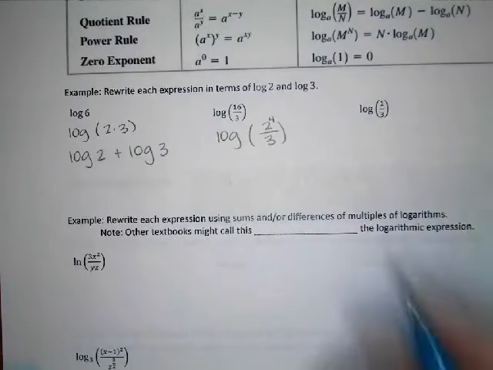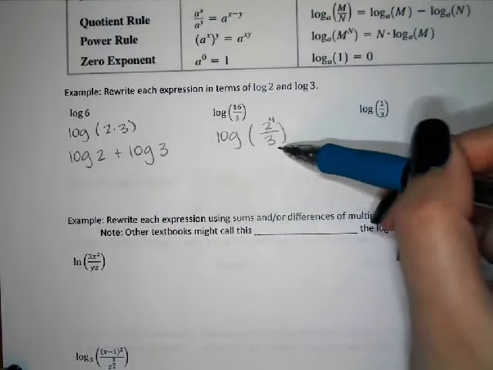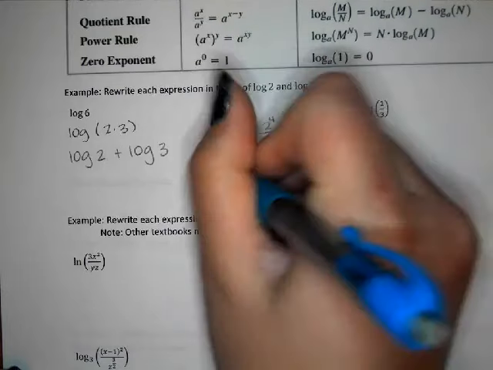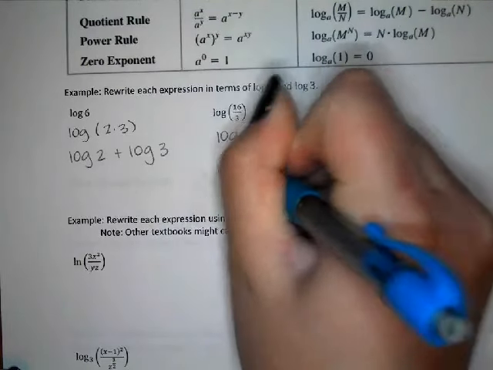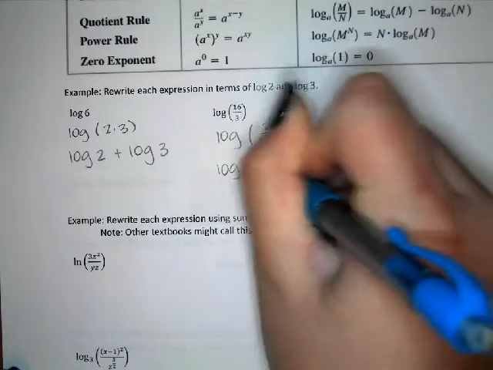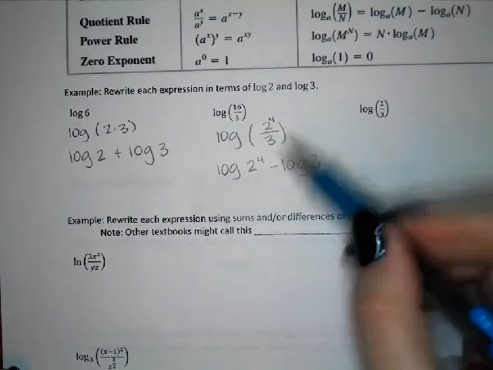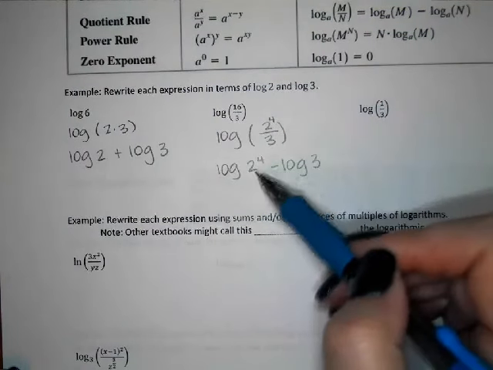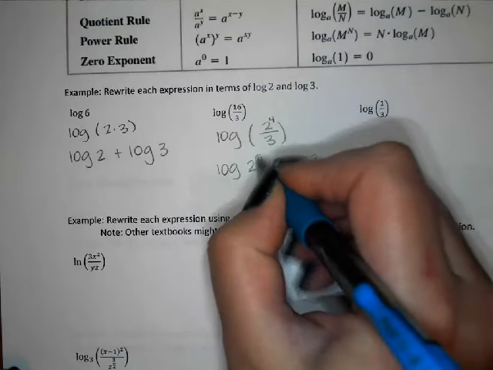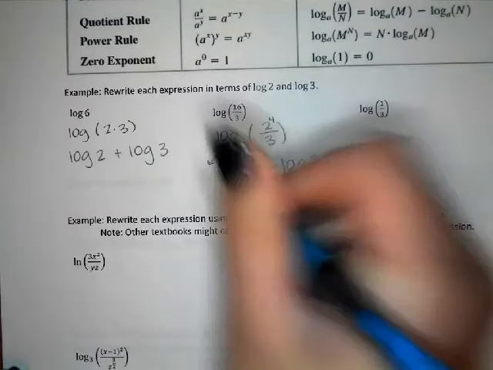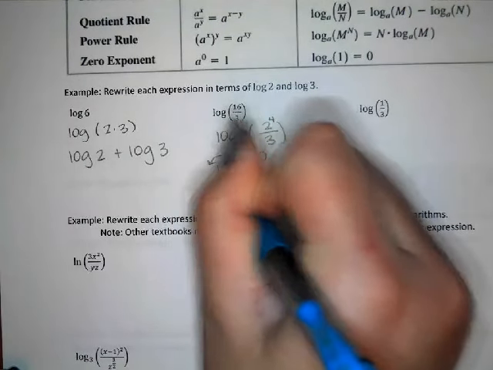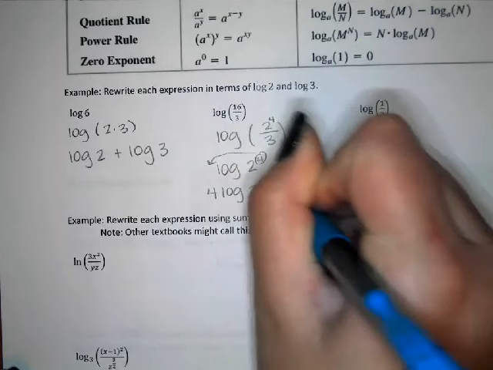And so I know this is going to be a subtraction problem because this is division. So log of 2 to the 4th minus log 3. And then I have to write log 2, not log 2 to the 4th. And so I'm going to take this 4, move it to the front. So 4 log 2s minus log 3.